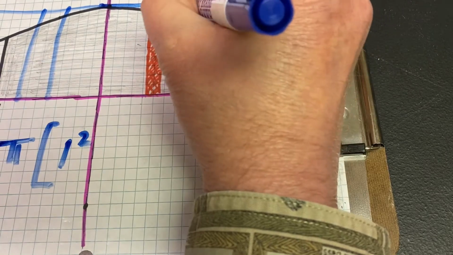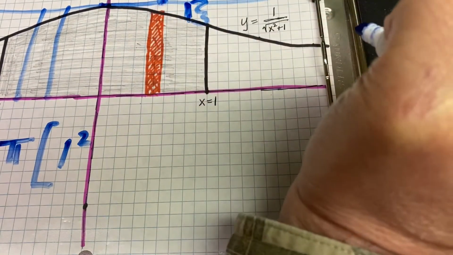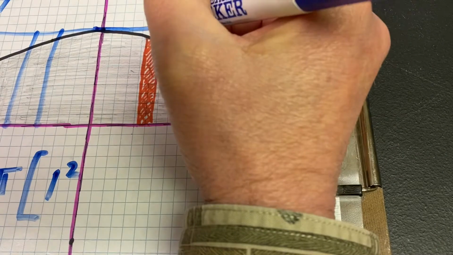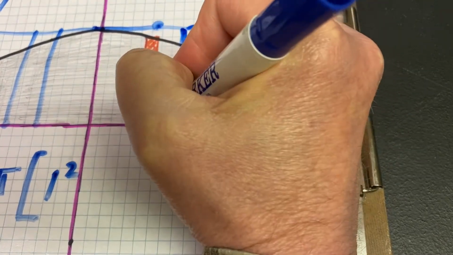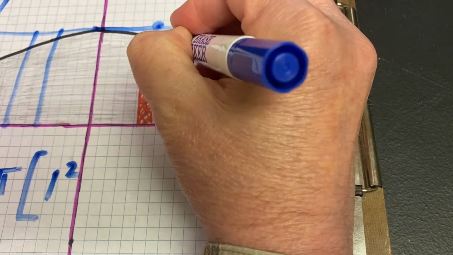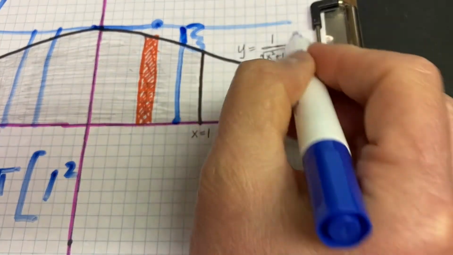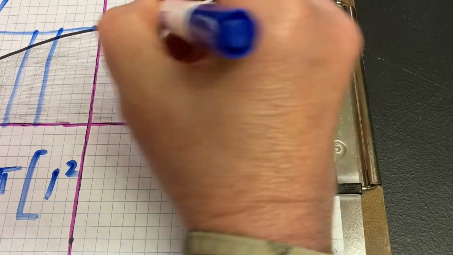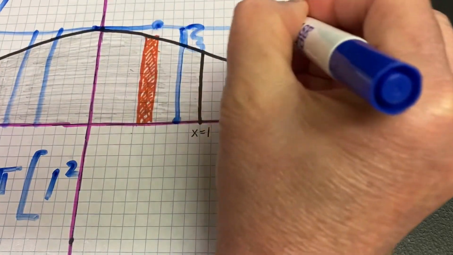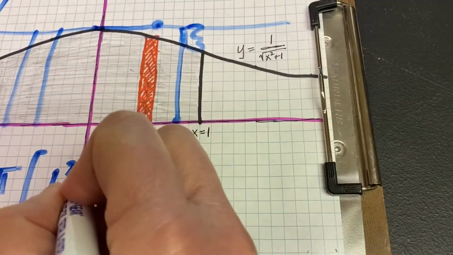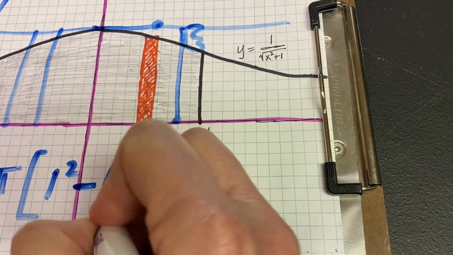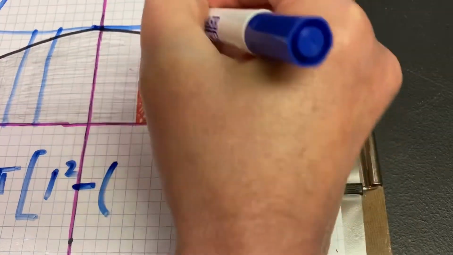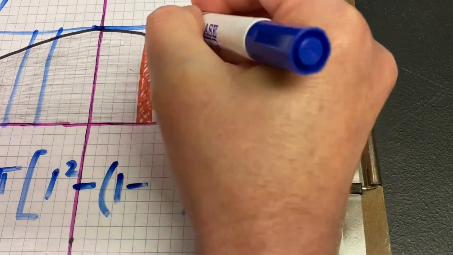How far is that? Well, I know this. This distance from the bottom up to there is the curve, 1 over square root of x squared plus 1. From here on up is an additional amount that would make it all the way up to 1. So the inner radius is 1 minus the function value.